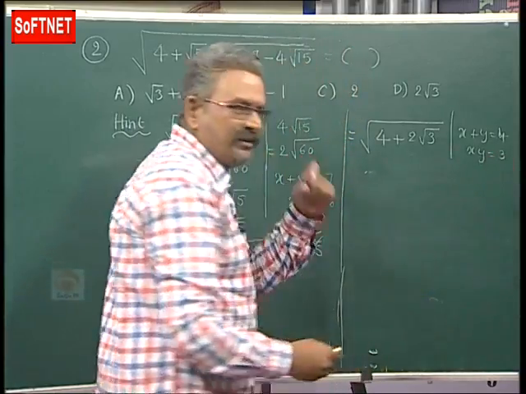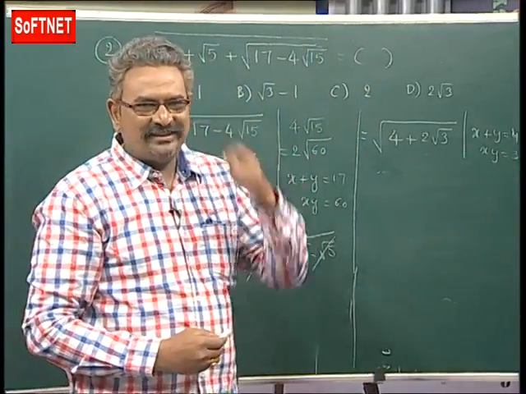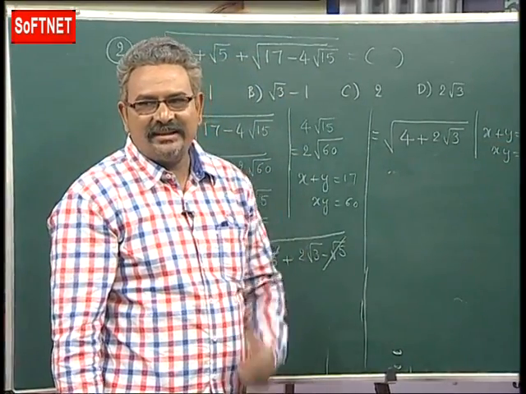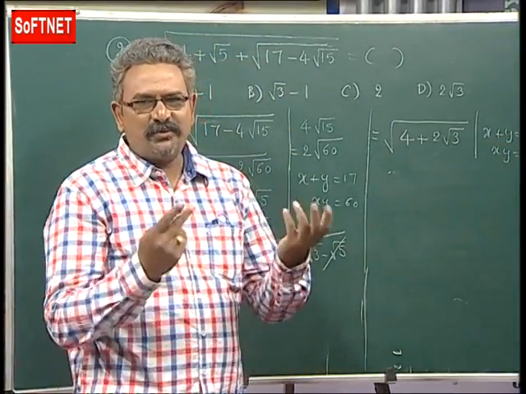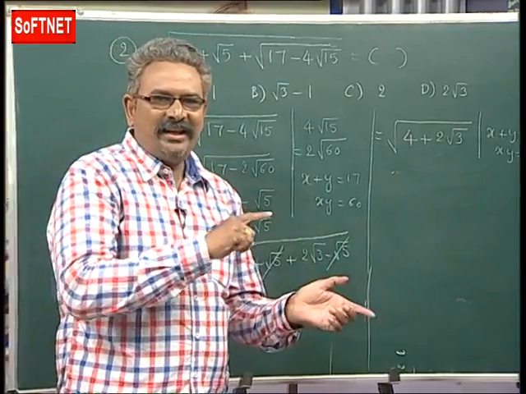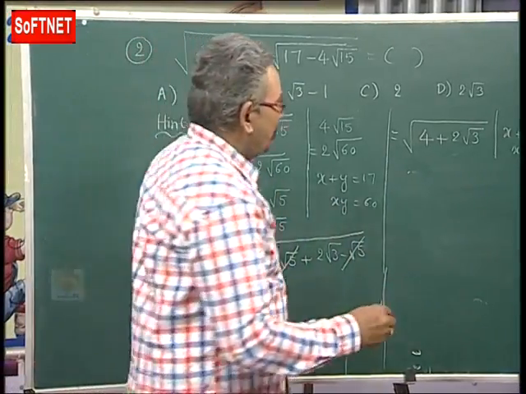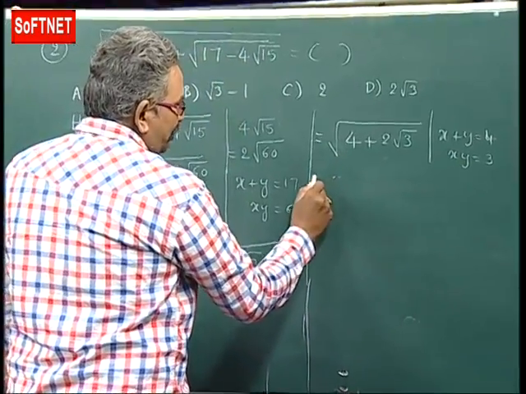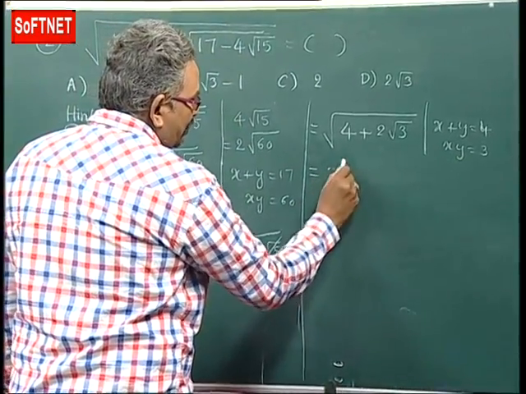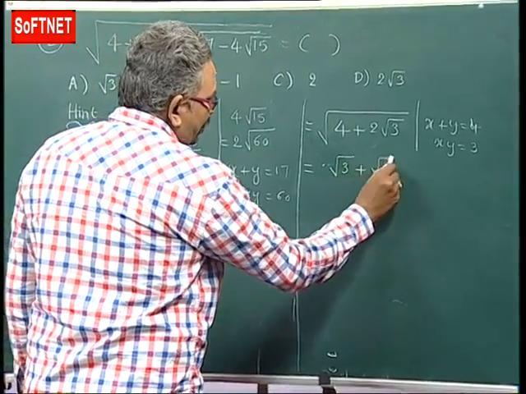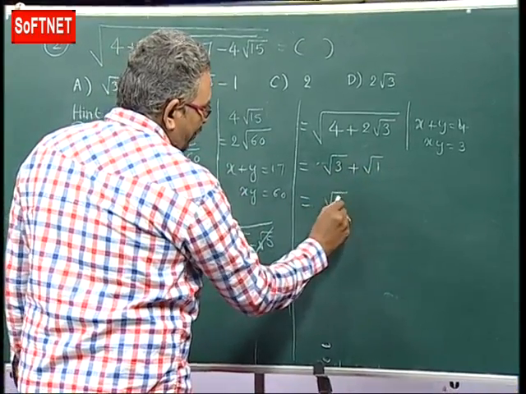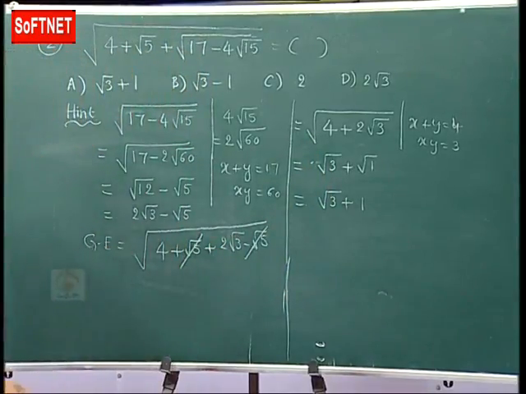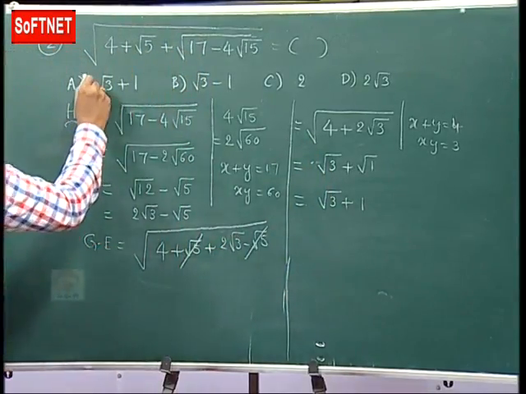Here once again we have one question in our mind: sum is 4, product is 3. 3 is a prime number, only two factors, 3 and 1. So that means 3 plus 1, 3 into 1. So this is root x plus root y, that is root 3 plus root 1. So root 3 plus 1 is our answer. So which is the right option? Yes, A.